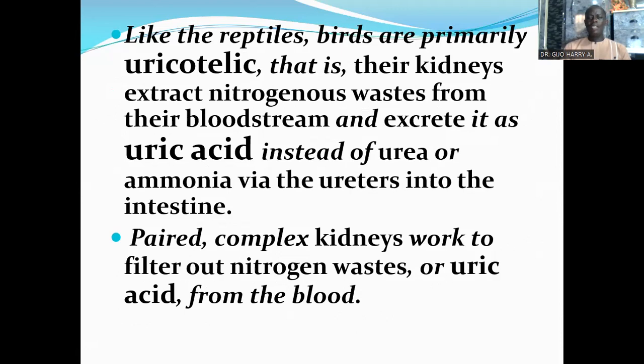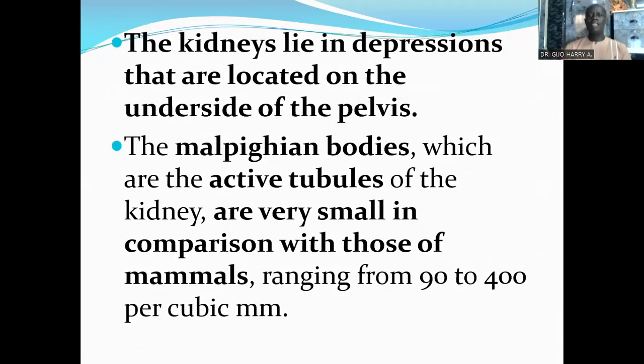Paired complex kidneys work to filter out nitrogen waste or uric acid from the blood. So they have a pair of kidneys that enable them to carry out their excretory functions. The kidneys lie in depressions located on the underside of the pelvis. The malpighian tubules, which are active tubules of the kidney, are very small in comparison with those of mammals.